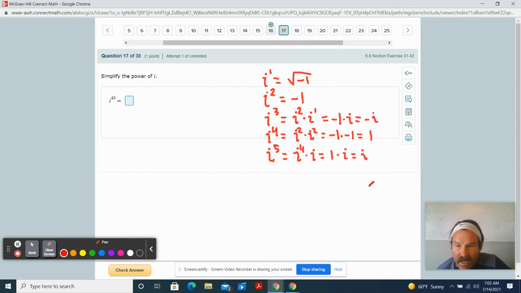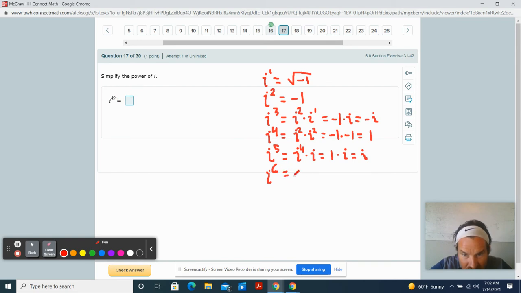So let's see if we see a pattern here. Let's try one more, and then maybe you'll see the pattern. i to the sixth. Again, we have 49 right here. Don't be scared. I'm not going to go all the way to 49. You're going to see a pattern.